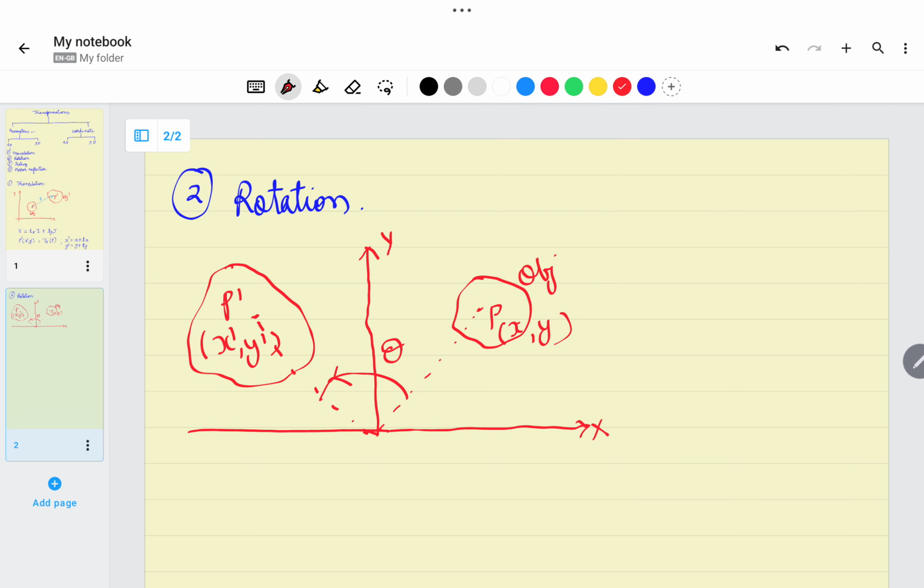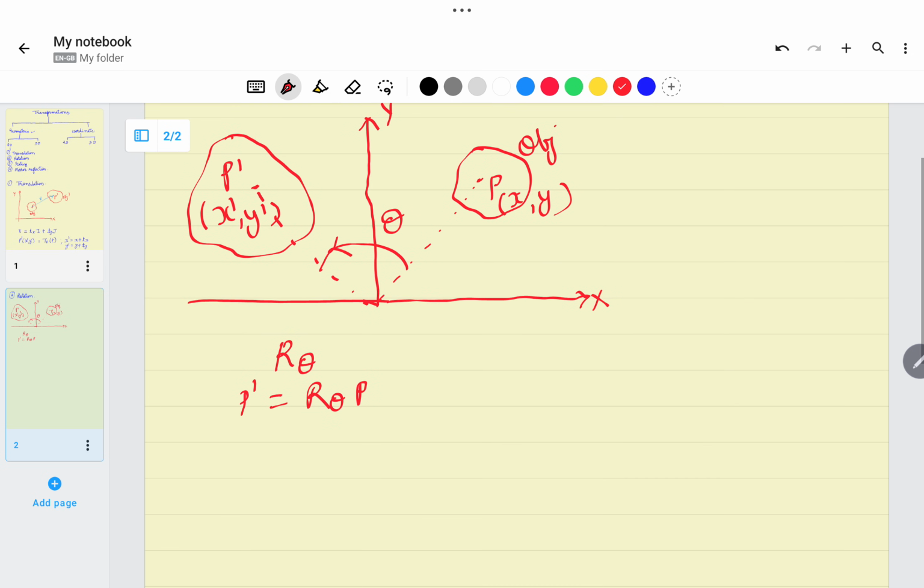Here we are rotating the object in the anti-clockwise direction by angle theta. This is denoted as R theta, where R stands for rotation and theta is the angle of rotation. So P dash equals R theta P, where P dash is the new position of point P by applying the rotation transformation R theta.